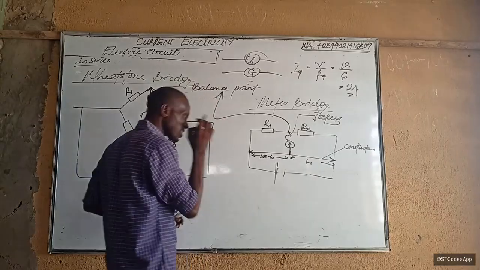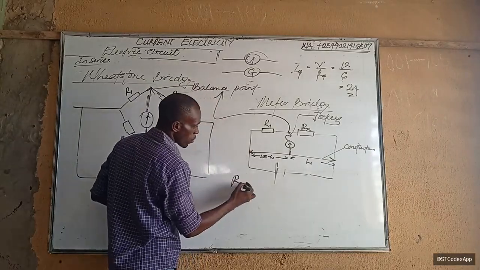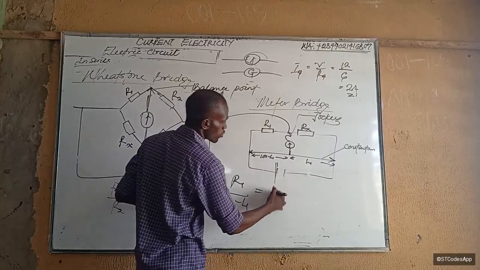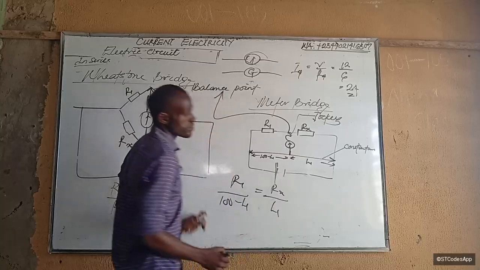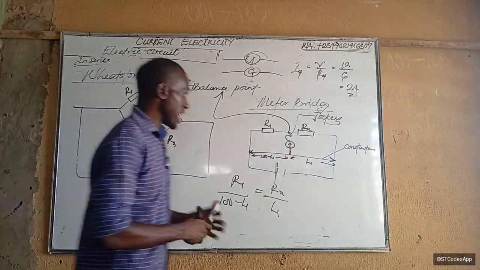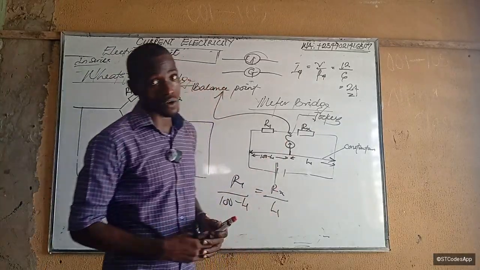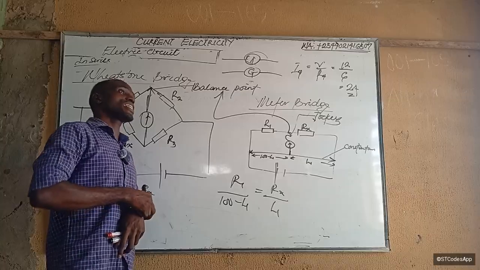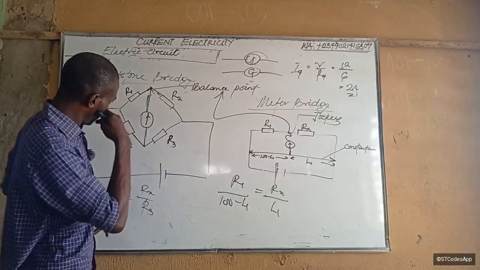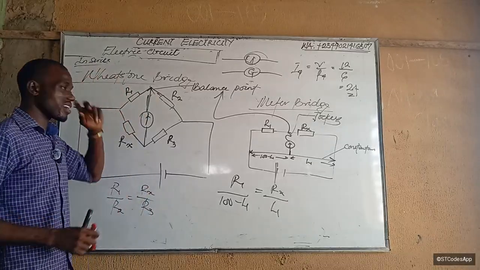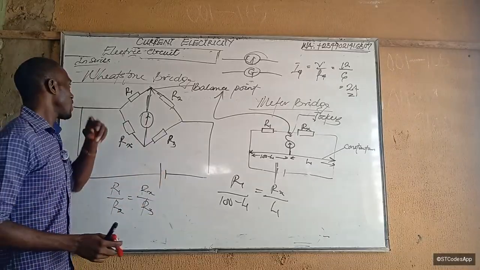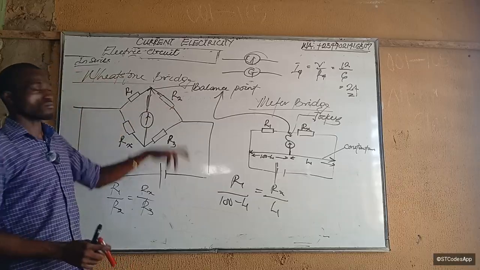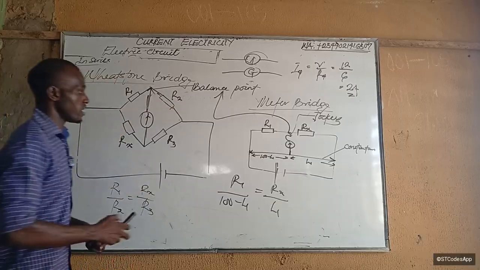So at that balance point, the ratio of R1 to Rx will be equal to 100 minus L1 over L1. Is that clear? I didn't necessarily take the ratio across here. The reason why I usually say take the ratio across is because you actually get the same answer either way.